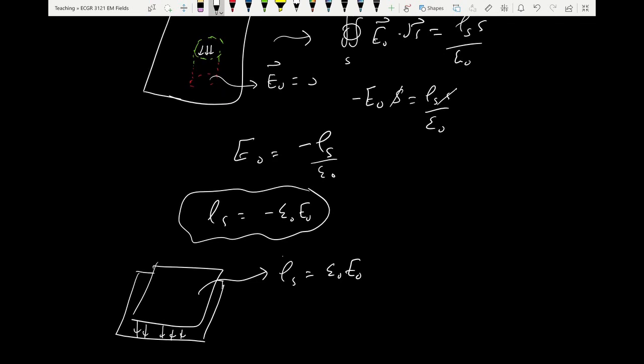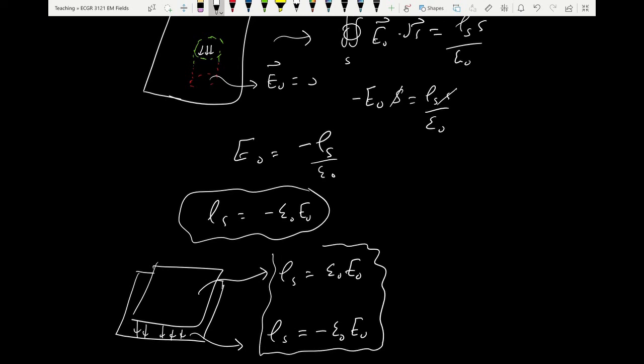And then at the same time, there should be a matching charge density in the lower sheet that's equal to the upper sheet but negative. We arrived at those results using the inverse of Gauss's law.